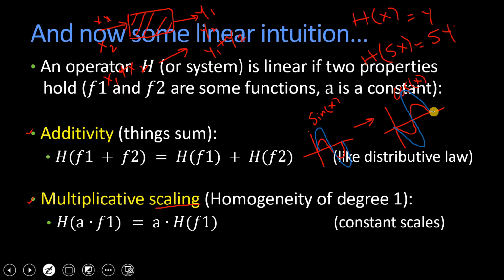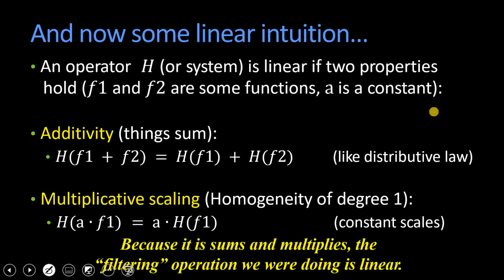These are the two properties that make any function or any circuit a linear function or a linear circuit. Why is it important? If you remember, we studied in the last chapter that the filtering process is made up of two things, sum and multiply.